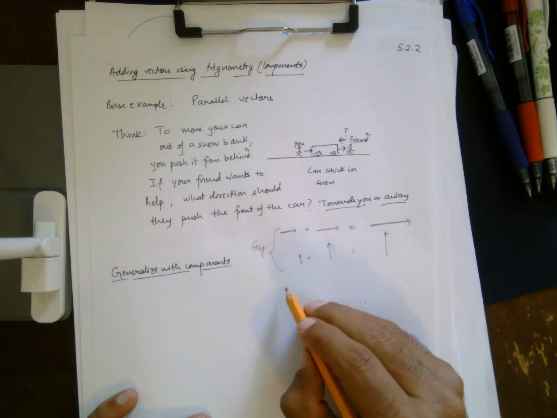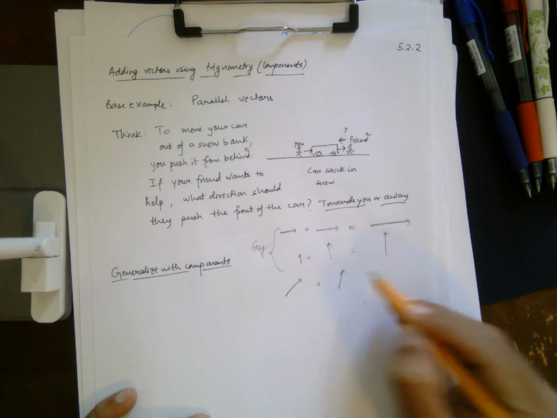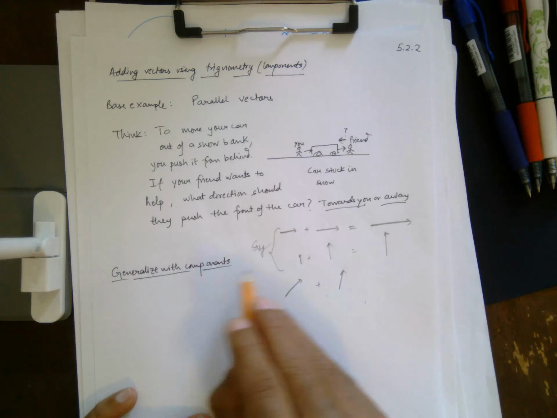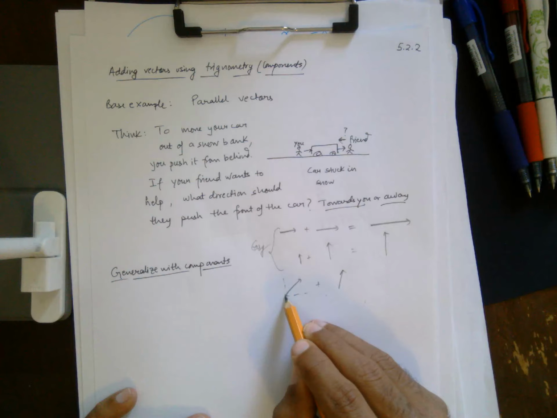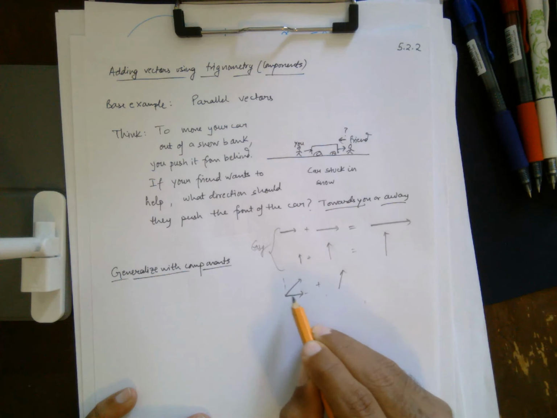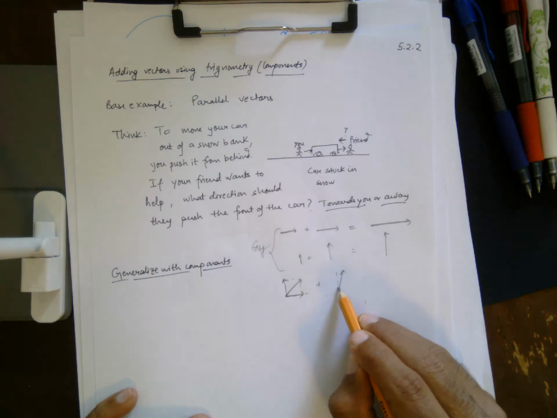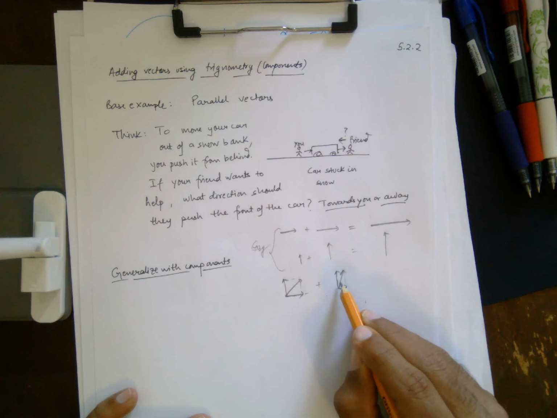which means that theoretically speaking, if I want to add two weird vectors together, I can use something called components, because I can say that this vector is really just a horizontal and a vertical vector, and this vector is really just another horizontal and another vertical vector.